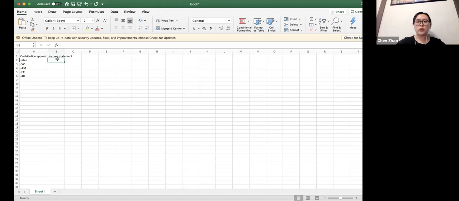Then you can just play with some numbers. This is too big. For CM, you can do a function, this minus this. For fixed cost, you may have some other numbers, and then here you can do CM minus this. You can also do something else, like per unit.